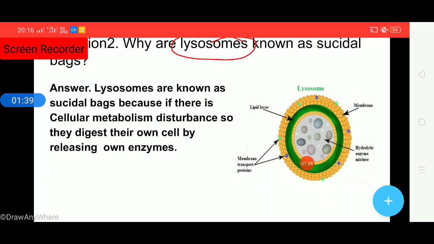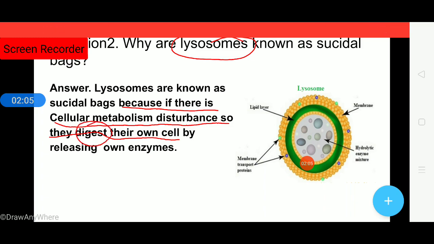So why are we calling it suicidal bag? Because if there is cellular metabolism disturbance, here the word cellular metabolic disturbance means the cell has improper functioning, so they digest their own cell.